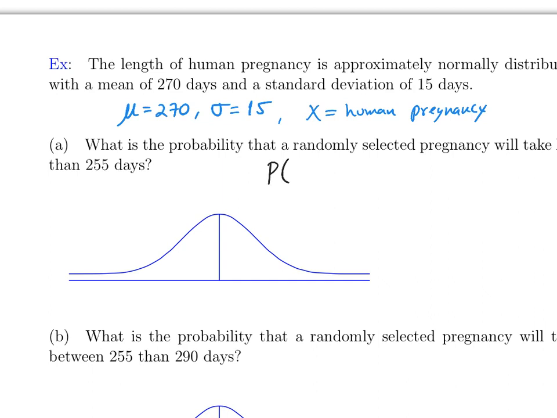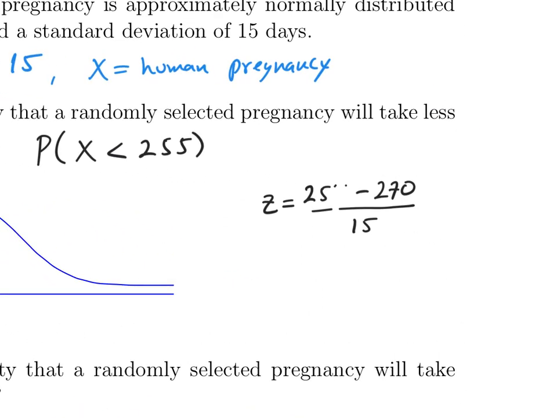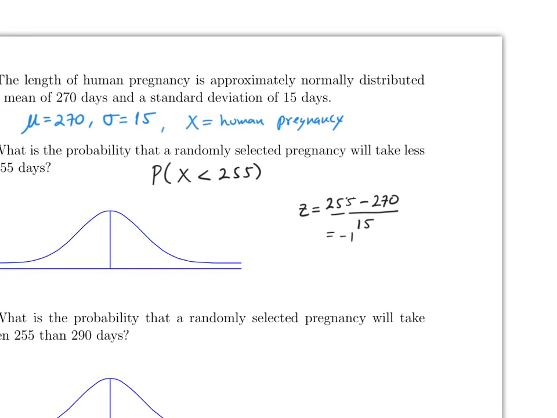What's the probability that X is less than what? 255, right? So you need to find the z-score. So it will be 255 minus what? 270 over what? 15. Okay? So let me move this to this side. 255. And this is what? Negative 1, right? Okay, any complaints on this?